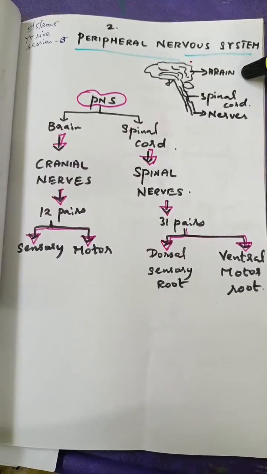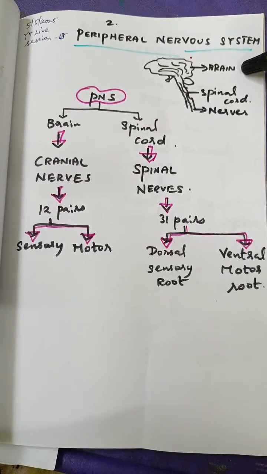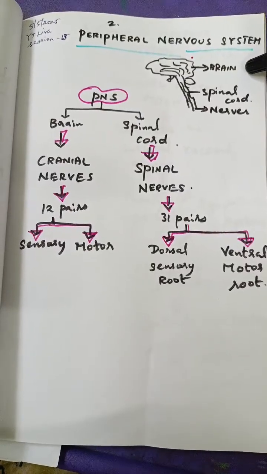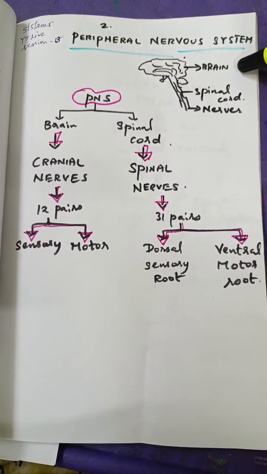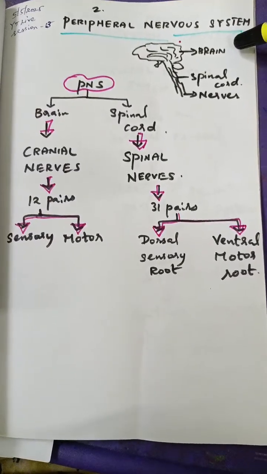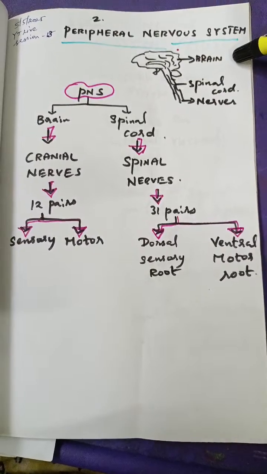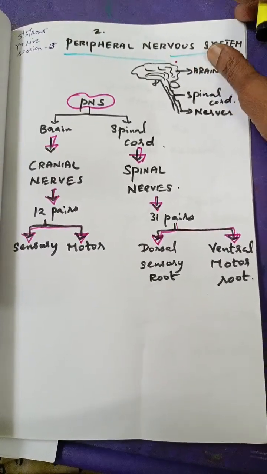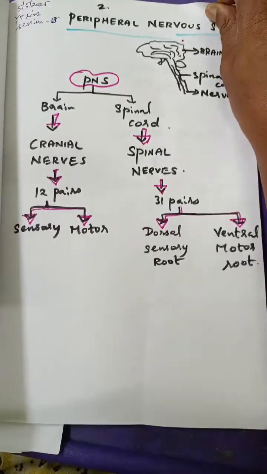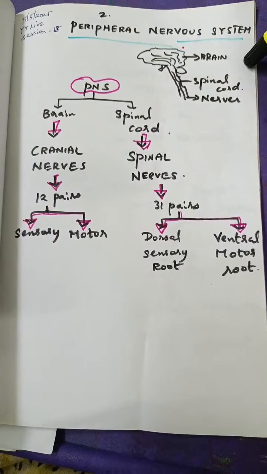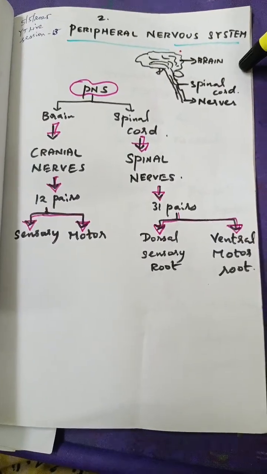The forebrain is the cerebrum and the diencephalon. The midbrain is the corpora quadrigemina, and the hindbrain consists of the medulla oblongata, pons, and also the cerebellum. Now we are going to concentrate on the peripheral nervous system and the autonomous nervous system in today's session.